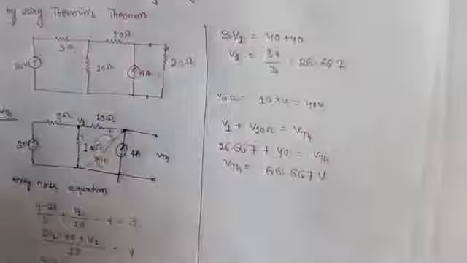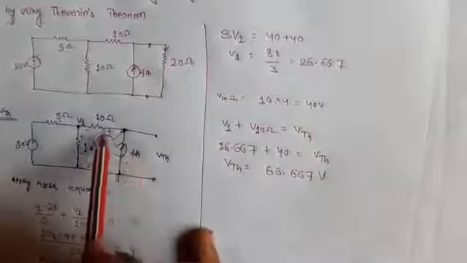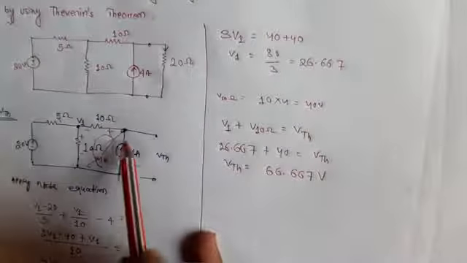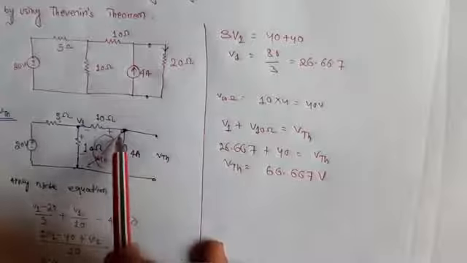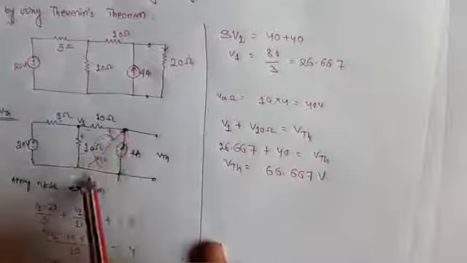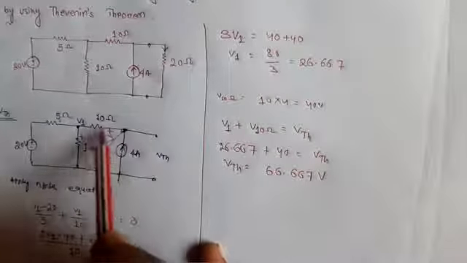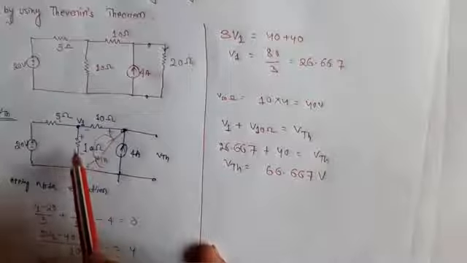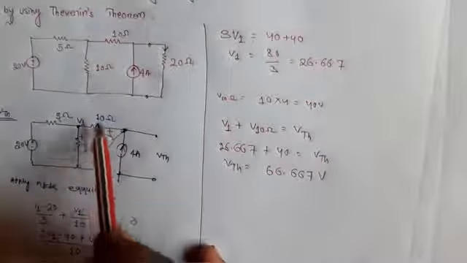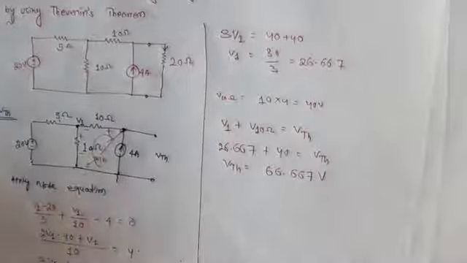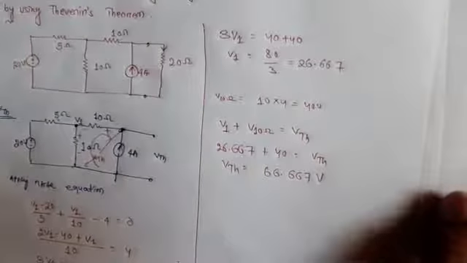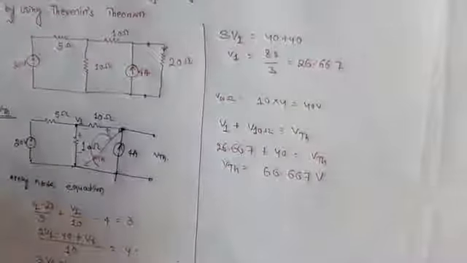Here VTH is the voltage drop across this terminal and this terminal, so the voltage is the sum across the 10 ohm resistors.